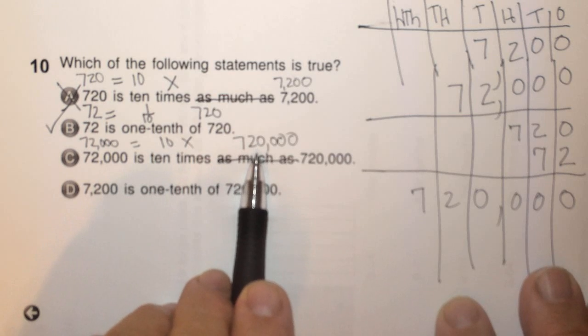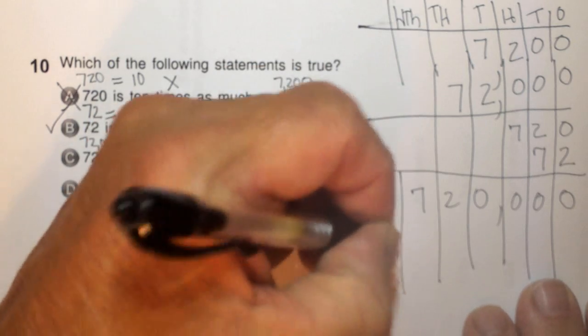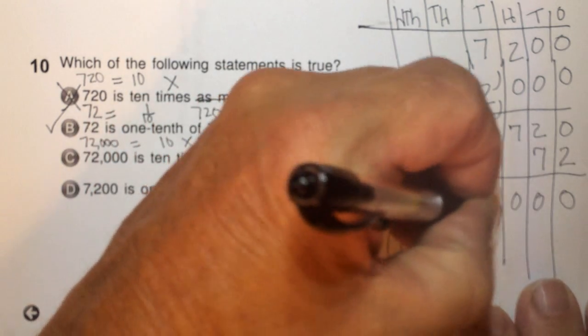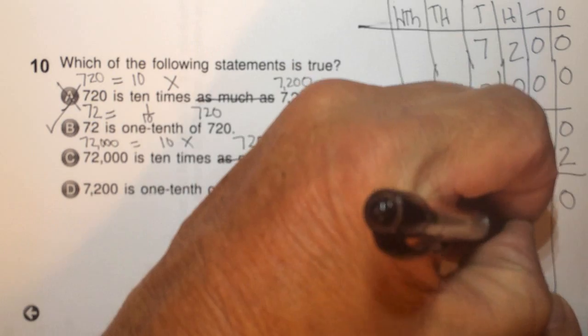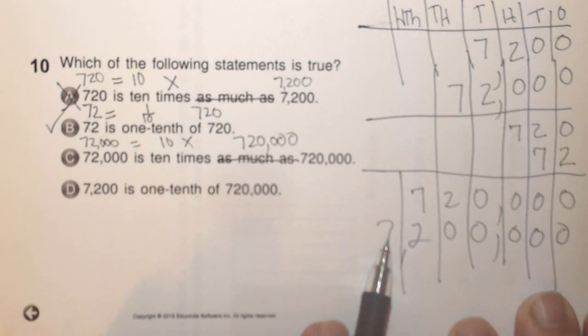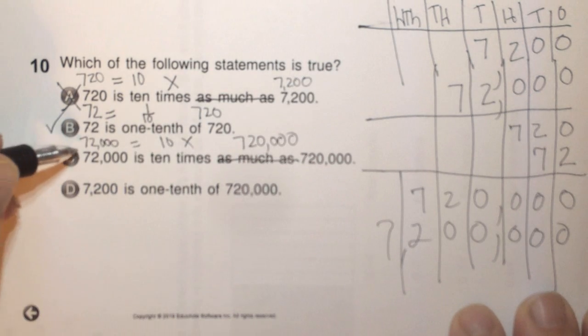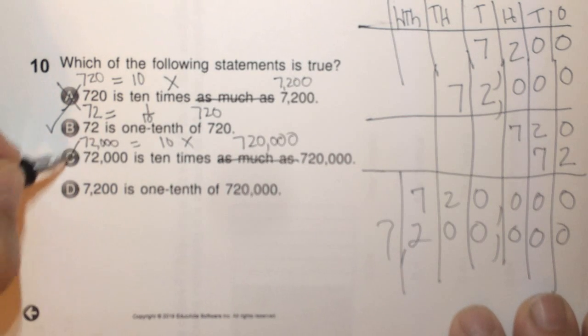So this one's going to get bigger. I'm shifting everything to the left by 10. So that would end up being 7 million, 7,200,000. So obviously it's not 72,000, so this is no good.